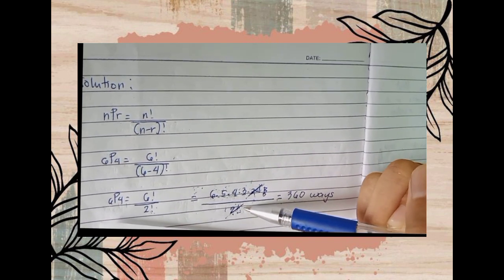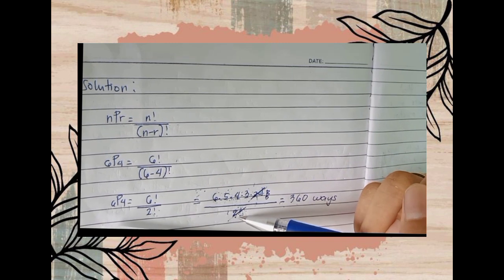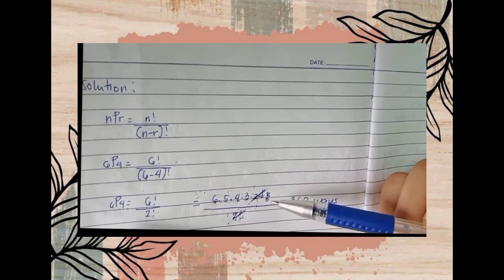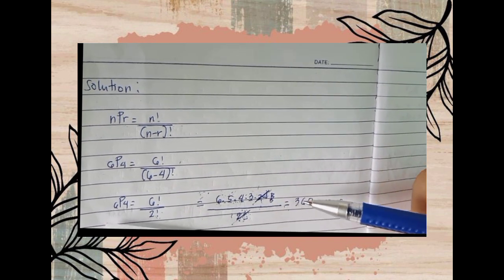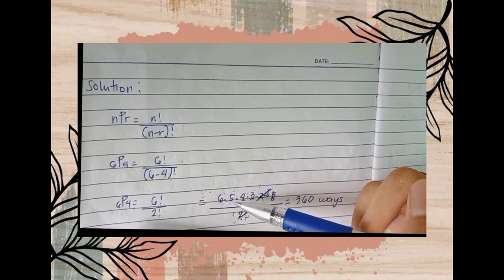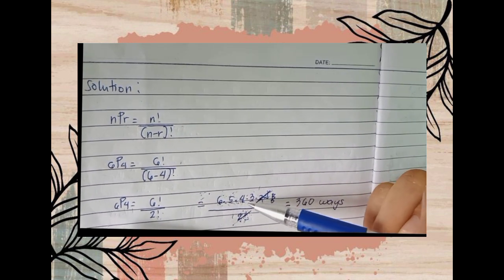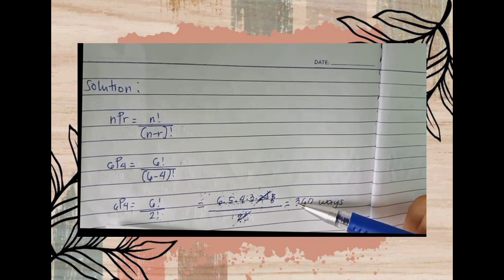Then eliminate 2 factorial and 2 factorial. Then 6 times 5 times 4 times 3 equals 360 ways.